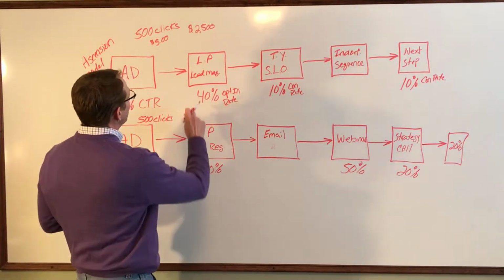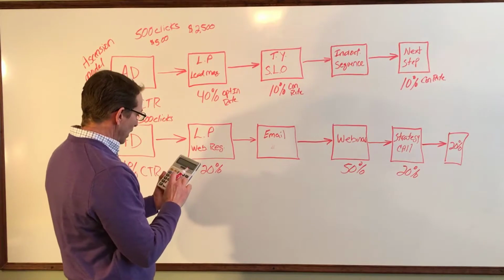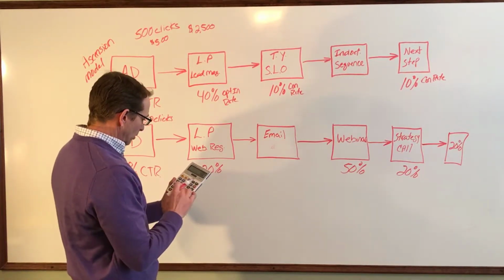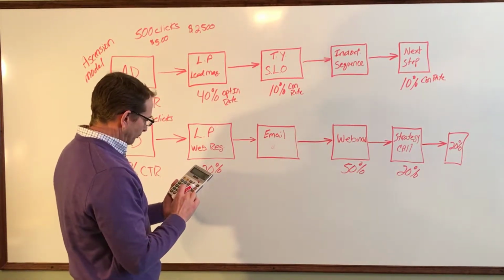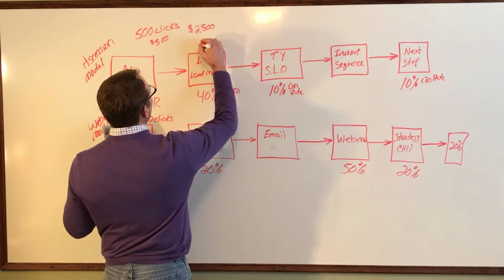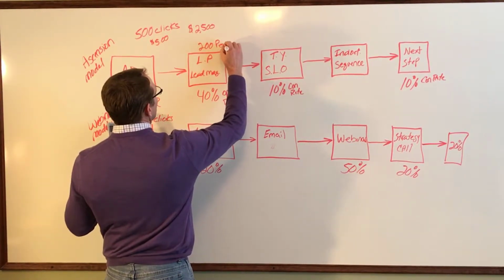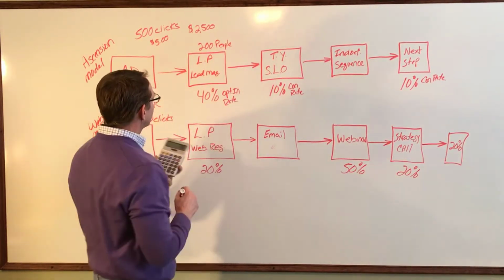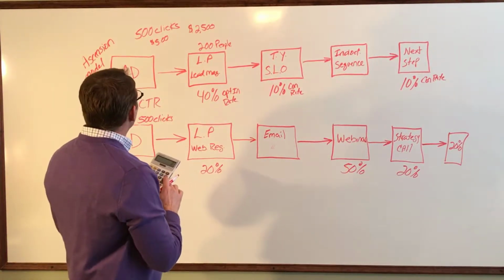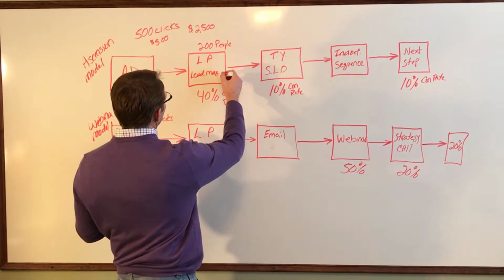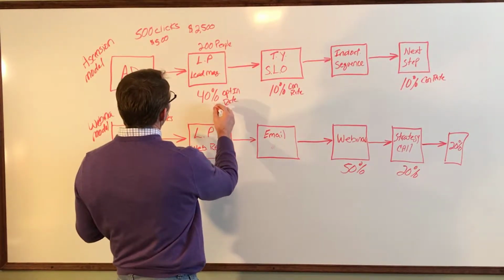and you're getting a 40% opt-in rate, that's 200 people you're getting to this landing page here. So we're getting 200 people to this landing page, and it's converting at 40%.